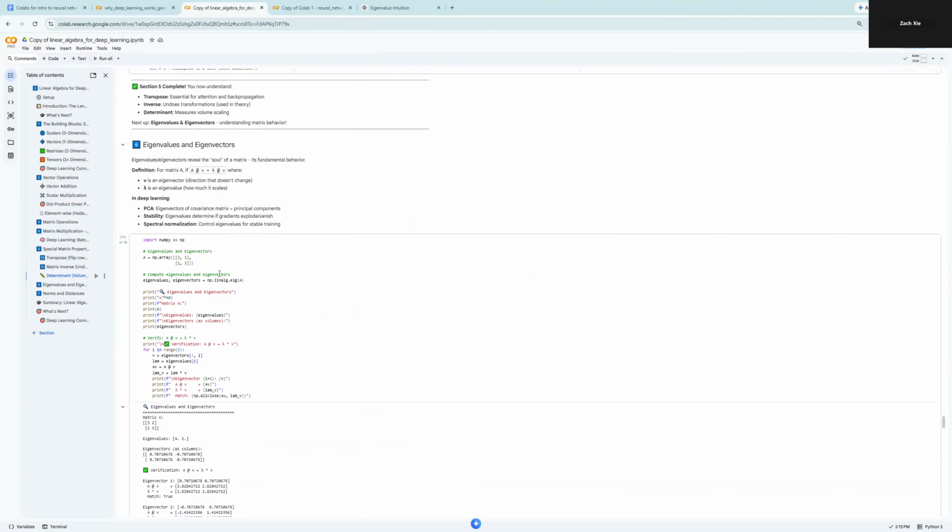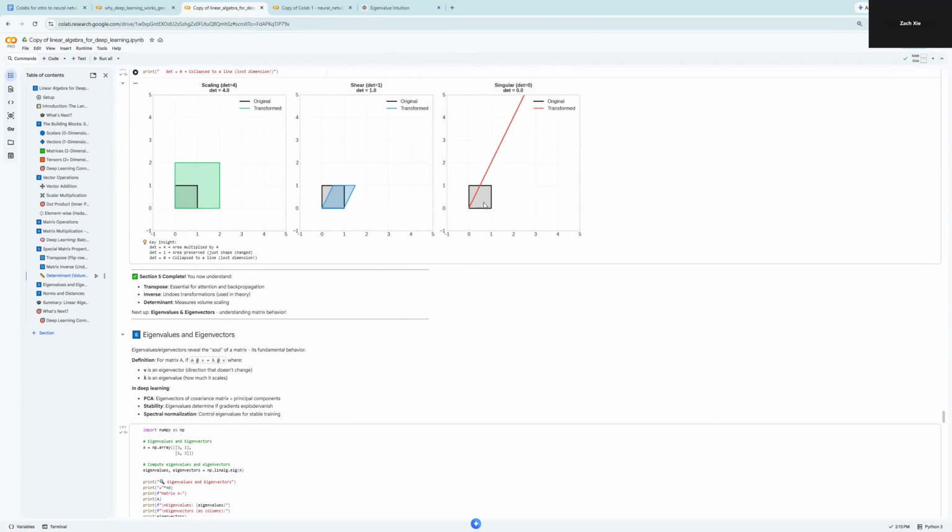Eigenvalue. Eigenvalue is also the same thing with linear transformation. The eigenvector and the eigenvalues are really just, given a linear transformation, which direction remains unchanged.